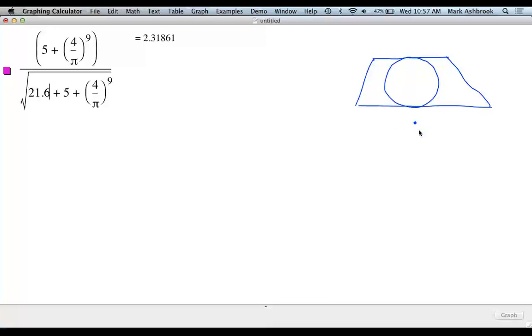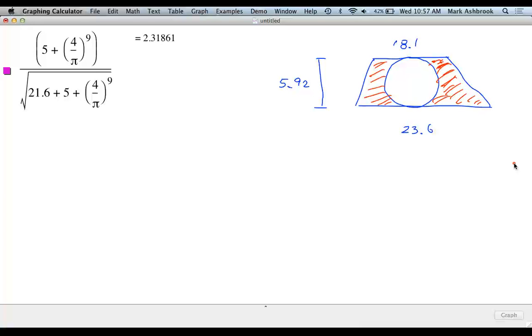Say this is 23.6, this is 18.1, and my height is 5.92, and I want you to find, in one expression, the area of the red shaded region. Given these dimensions, go, see if you can do it.